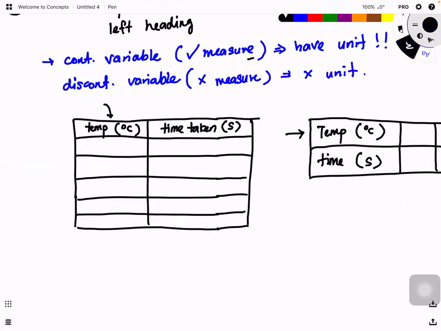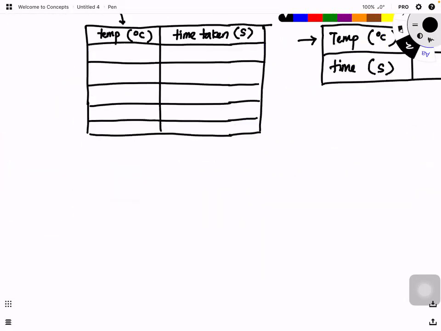Okay, now next. After you have the independent variable, number 3, we're going to look at the dependent variable, something that you measure. Are you clear? You determined the temperature just now, for example 10 degrees Celsius, 20, 30, 40, 50, 60. So how fast the reaction is done, the time taken, will be the dependent variable.